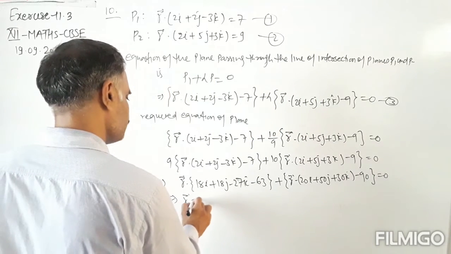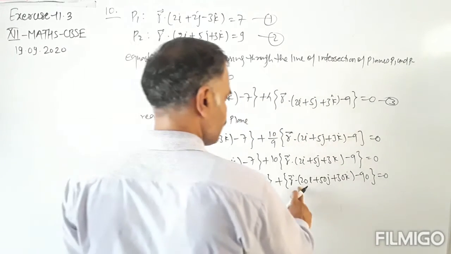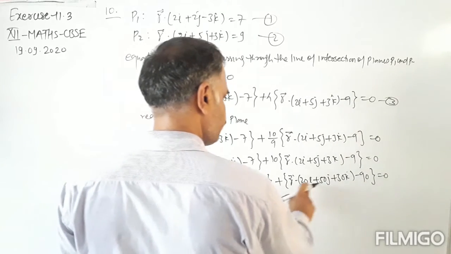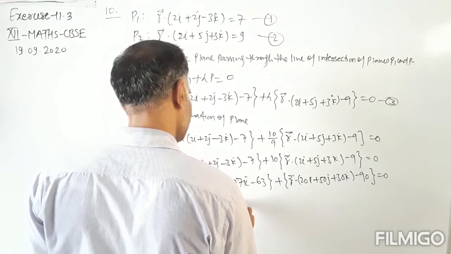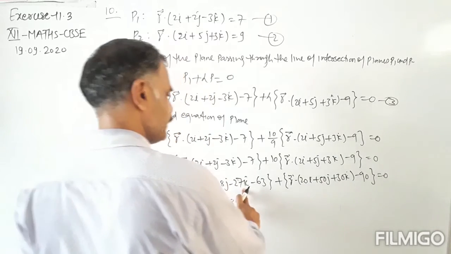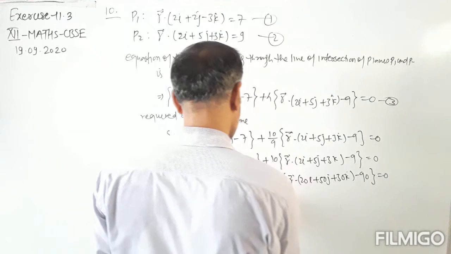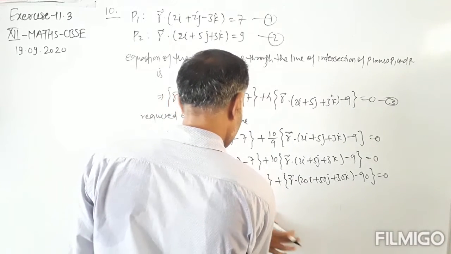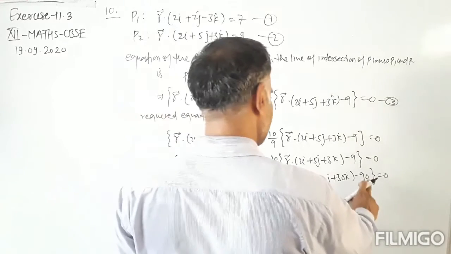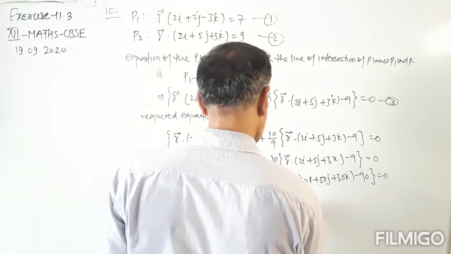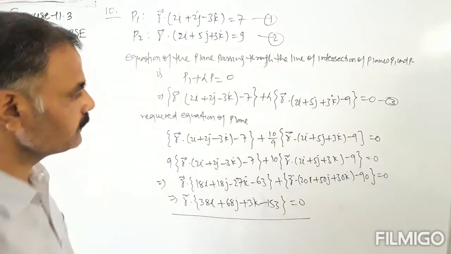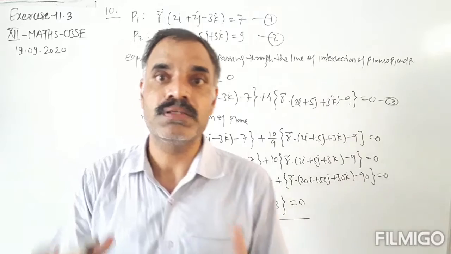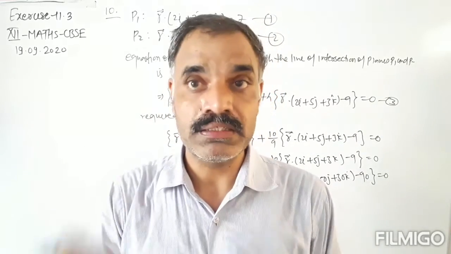So r vector dot (18i plus 20i is 38i cap, 18j plus 50j is 68j cap, minus 27k plus 30k is 3k cap), and minus 63 minus 90 is minus 153, equals 0. So this is the equation of the plane passing through the line of intersection of the two given planes in vector approach.